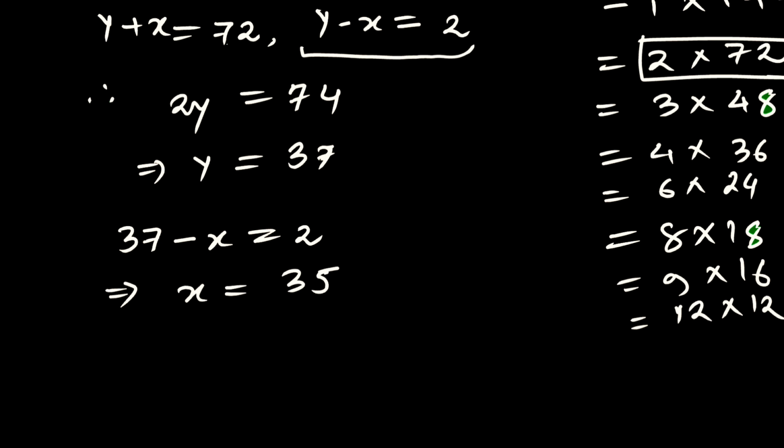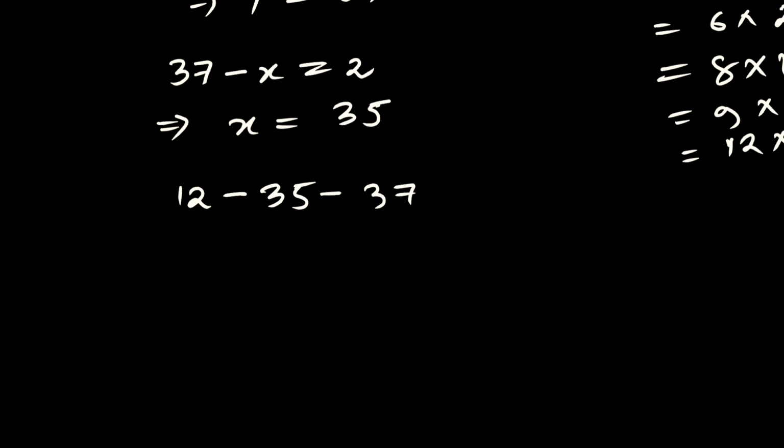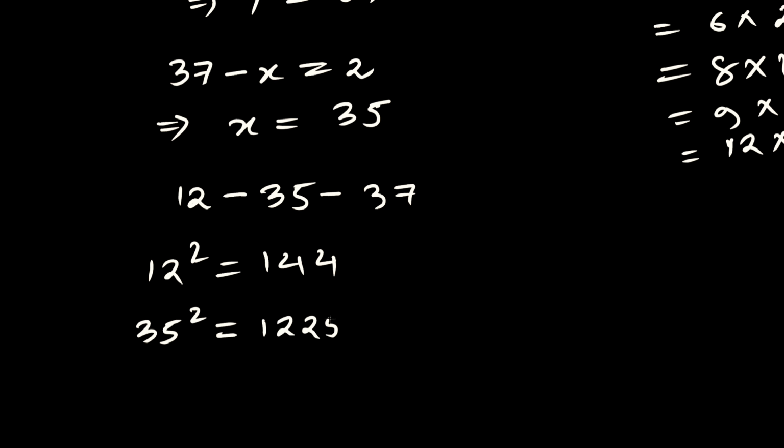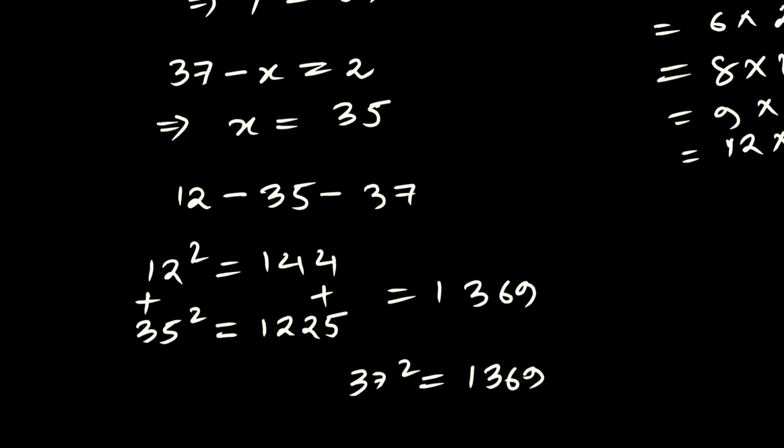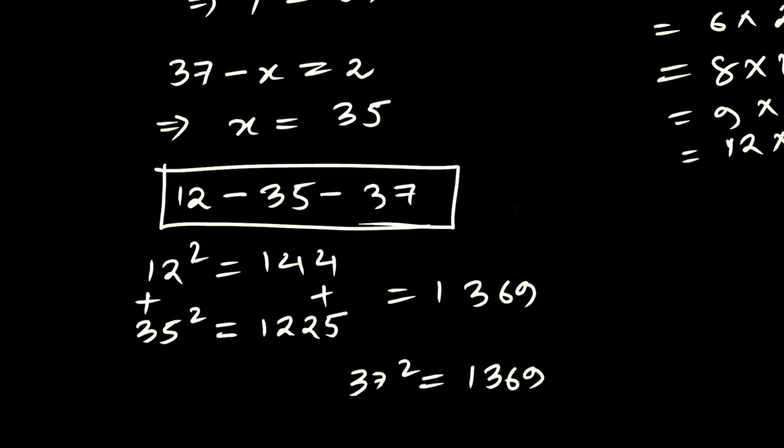That gives us a triangle with side lengths 12, 35, and 37. Let's verify it quickly. 12 squared is 144. 35 squared is 1,225, and adding those gives 1,369. 37 squared is also 1,369, so this is a valid right triangle.